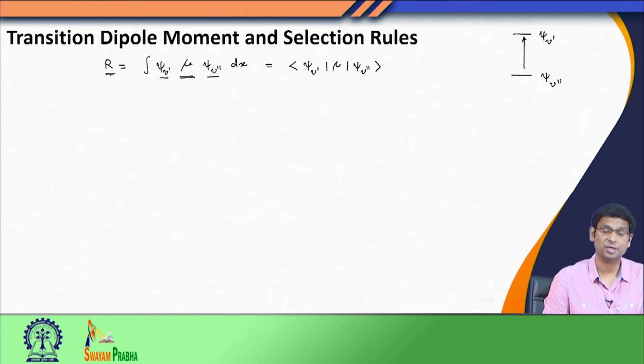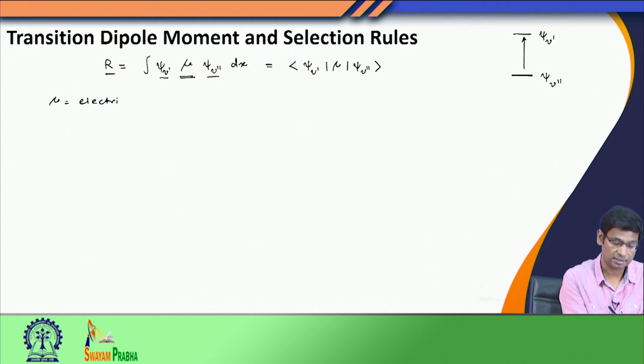So, this is the transition dipole moment. What this tells us is that I am considering a transition from the psi v double prime state to the psi v prime state, which are two vibrational states, and the operator that couples them is the dipole moment of the molecule, where mu is defined as the electric dipole moment of the molecule.